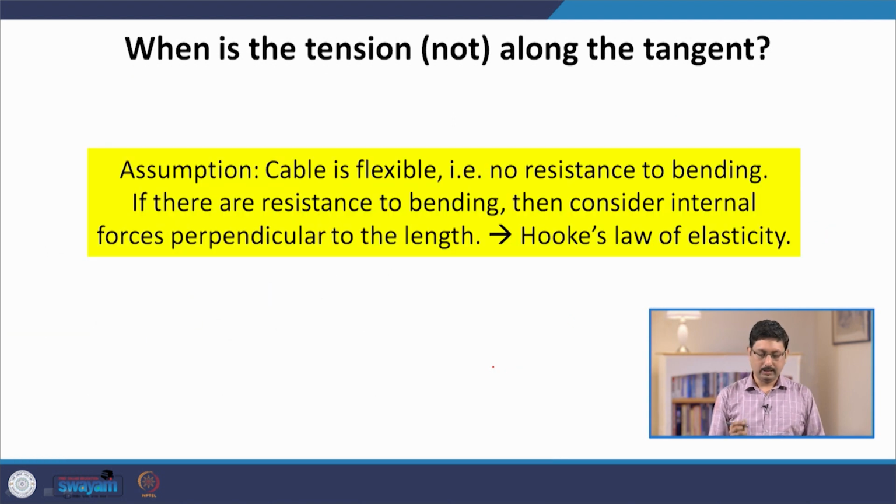Now, here is again something very crucial which I have hidden: in real life, in addition to tension, if you try to bend a rope, every material has an elastic property, so it will try to resist this deformation.